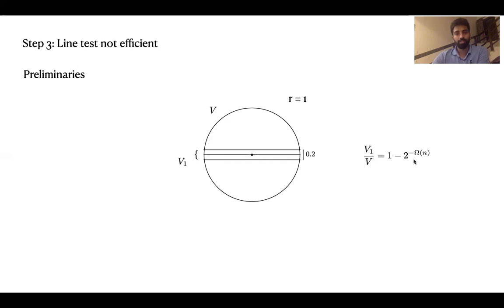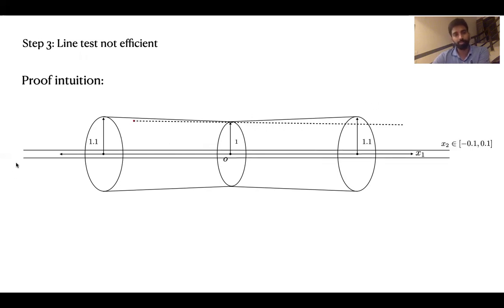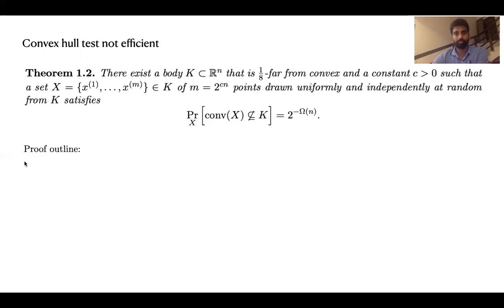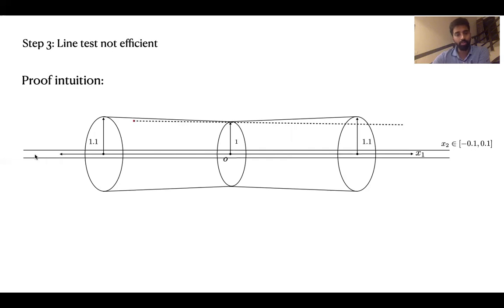Because of this, a line joining this point with some of the points here might go outside the body, but the volume of those points is almost 0, because from the previous fact, almost all the volume lies in this area close to the axis, close to the equator.